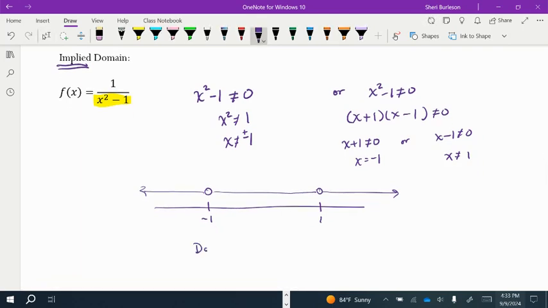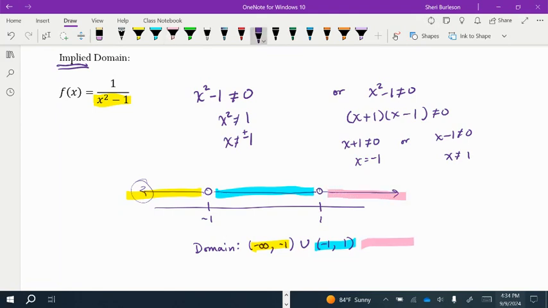So my domain here in interval notation, we just start from left to right. My left boundary is going to be negative infinity up to -1, but not including -1. That's this section here. And then this section, because there's a break, is now going to be from -1 to +1. And then our last section, we also have to represent from 1 to infinity.